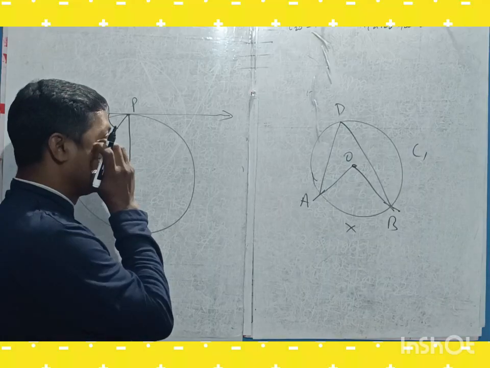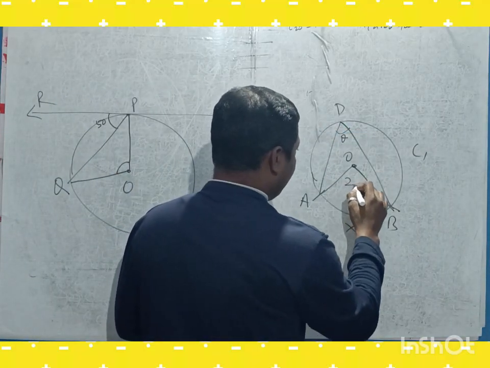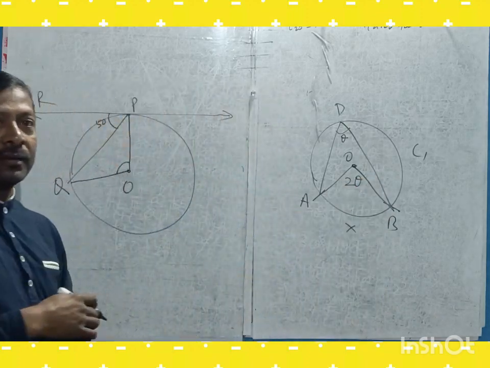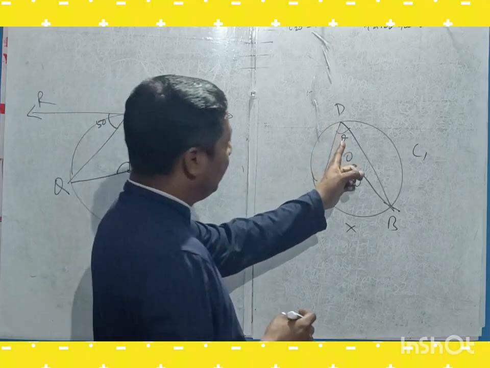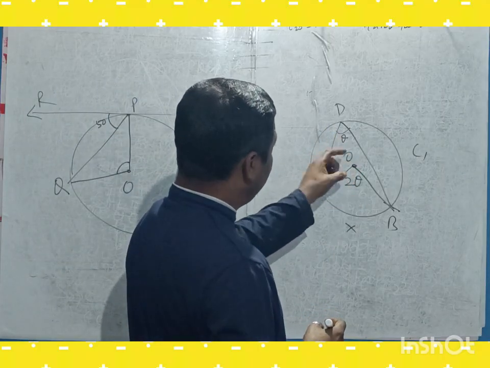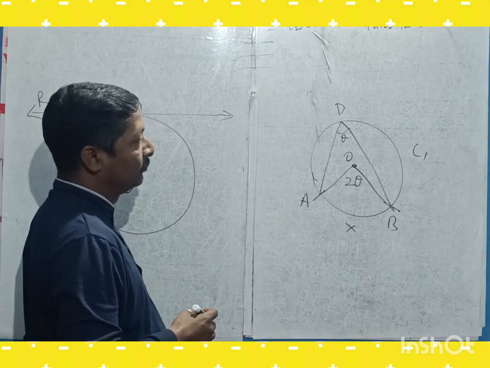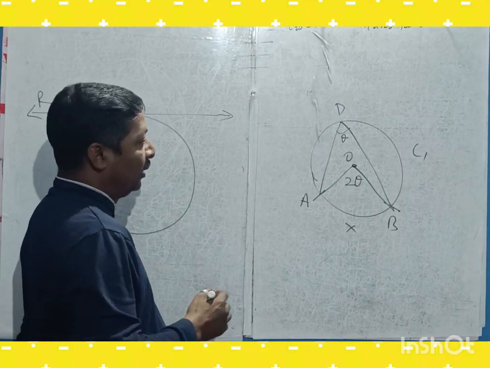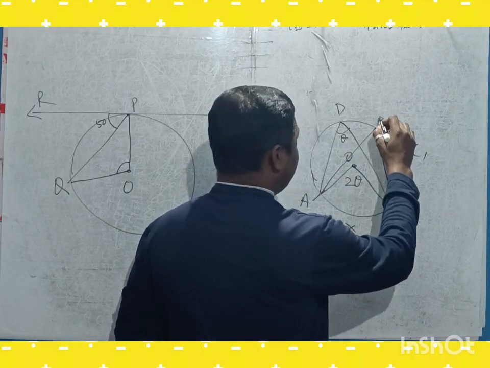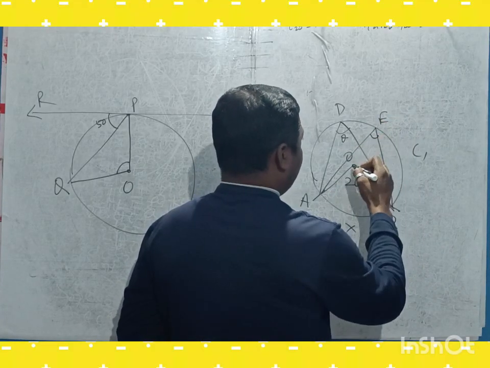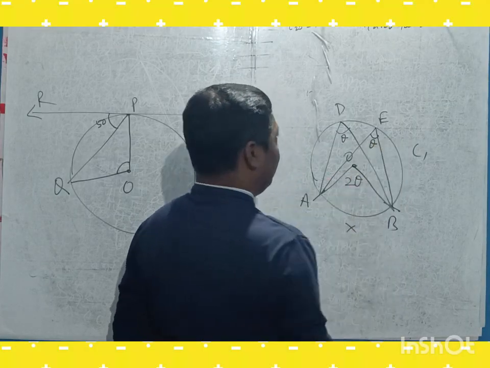Okay, so if ADB is theta, then AOB is 2 times theta. This is another theorem. Okay. So if ADB is theta, the AOB center angle is just double of it. Understood? If I can make another angle, suppose AEB, then this will be also theta and this AOB will be twice of AEB also.